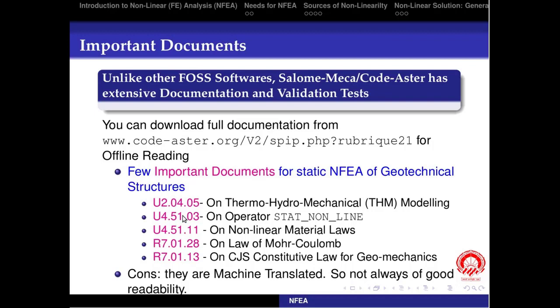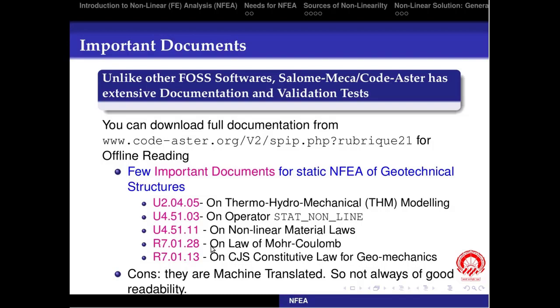These are the document numbers. Then this is a must: you should go through this manual on the STAT_NON_LINE operator. Then this document gives us the various nonlinear material laws and how they can be applied in Salome-Meca solutions. So you can go through this, at least the geotechnical materials.